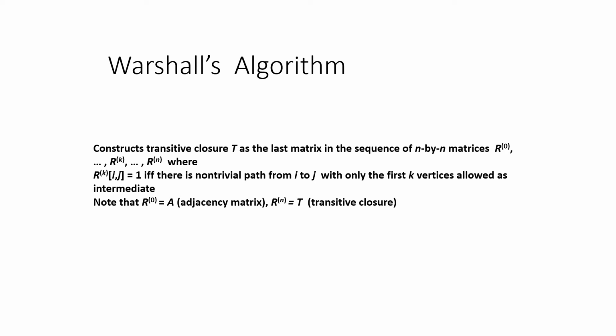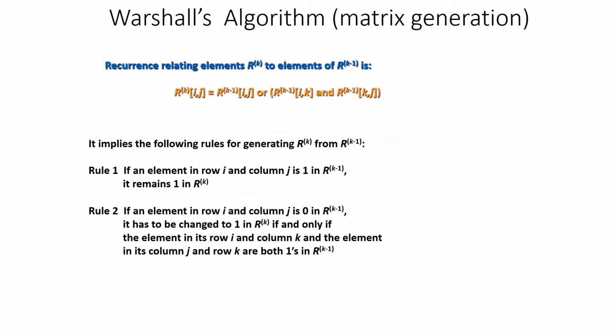So we'll be placing 1 if there exists a non-trivial path, in the sense that if there is no direct edge, then we'll try to find a path which leads from the source vertex to the destination vertex. Since this is an unweighted graph, instead of specifying the weight, we'll be specifying 1, indicating that there is a path from the source vertex to that destination vertex.